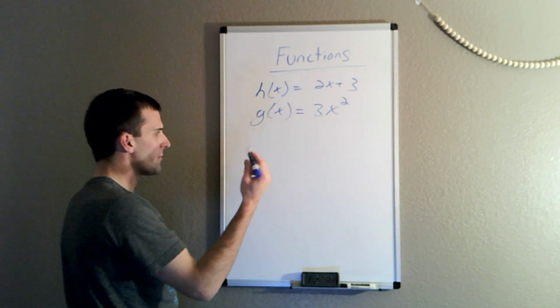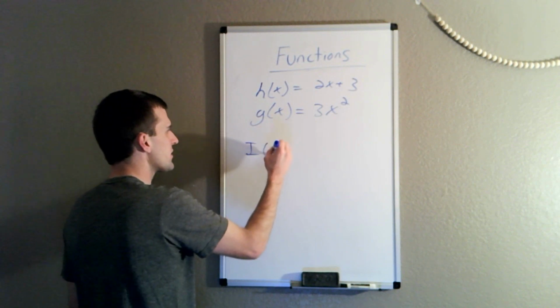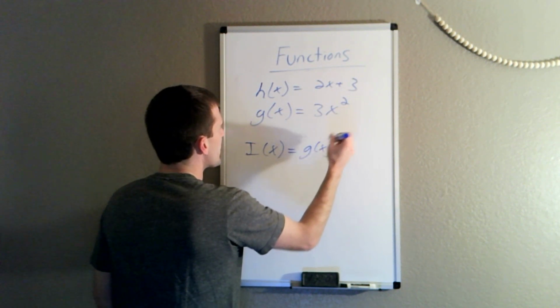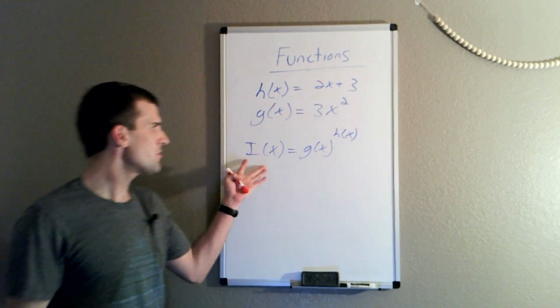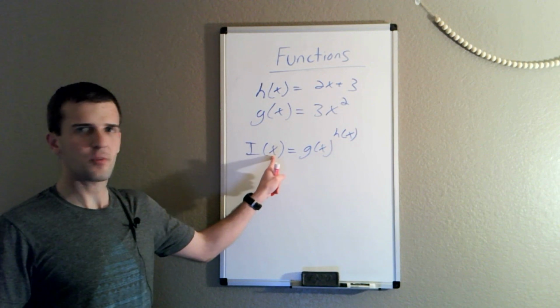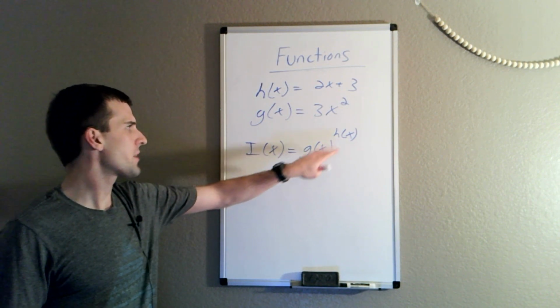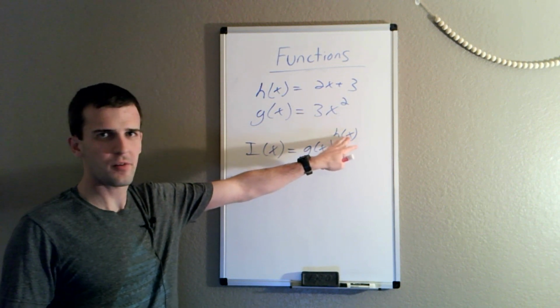And then you could have, say, I of x equals g of x raised to the power of h of x. So here we have a new function with x as the variable, and that's equal to a function with x as the variable raised to a power of a function with x as a variable.